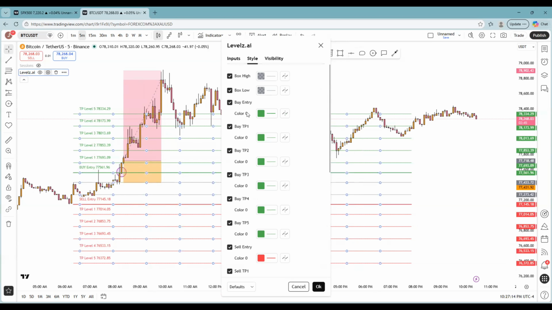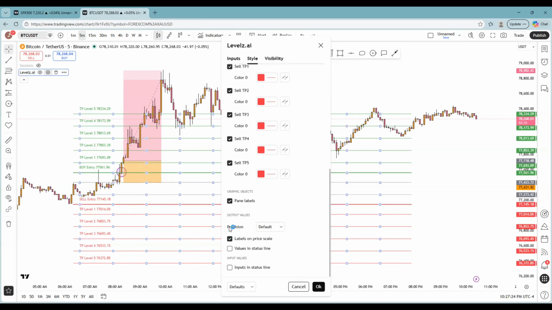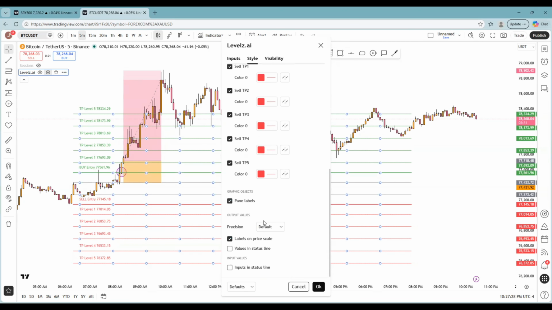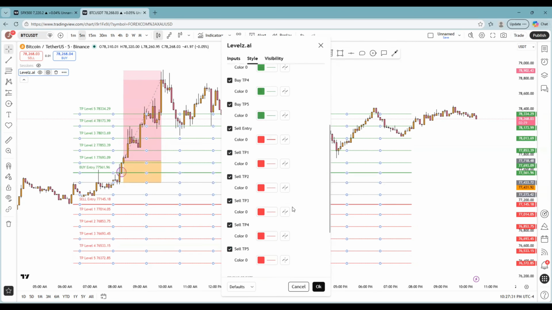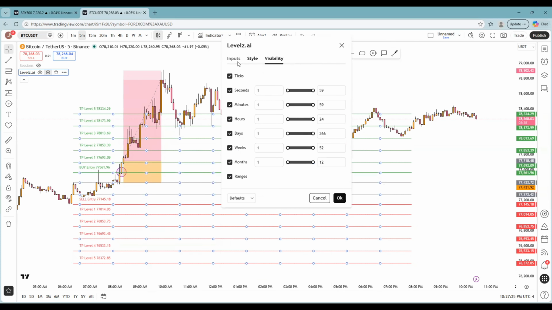For these styles, you can also click off, if you want to take off TPs, you can take off your buy entries, your TPs. If you want to take off the price levels, you can take off the writing. You can create it and make it into your own little tool.